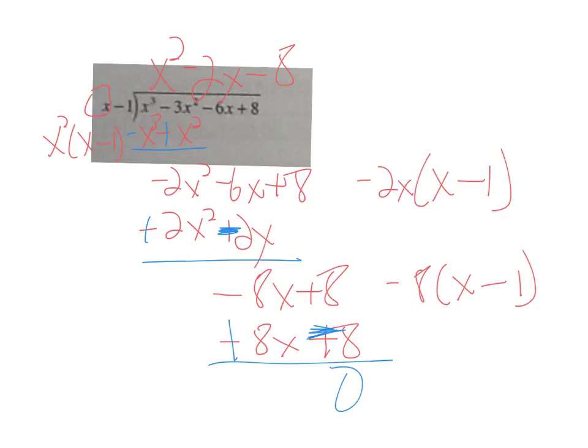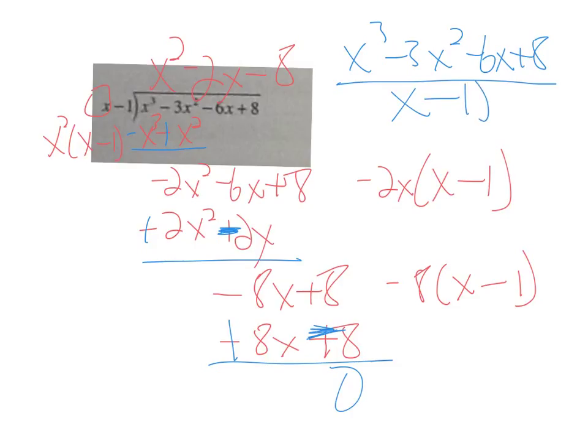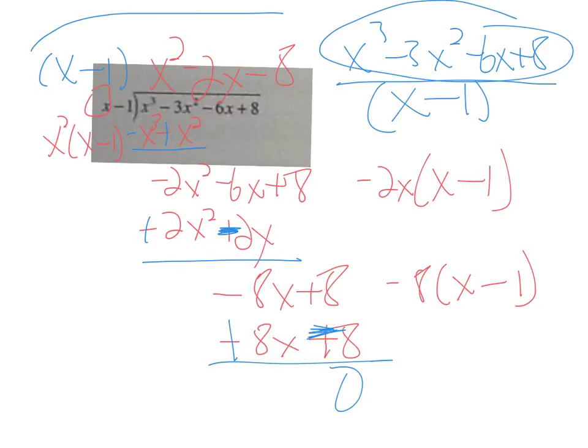So because there's 0 remainder, that tells me, let me rephrase that, x minus 1 is a factor of x cubed minus 3x squared minus 6x plus 8. And this is what the quotient is. So at this point, I could say x minus 1 times this is that partially factored.